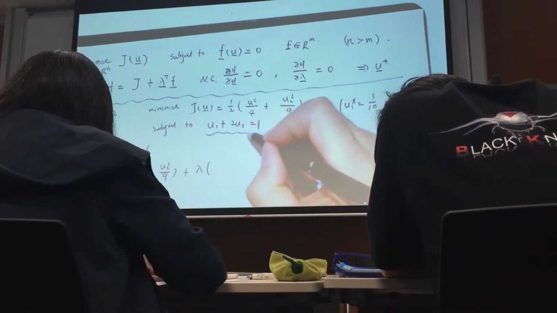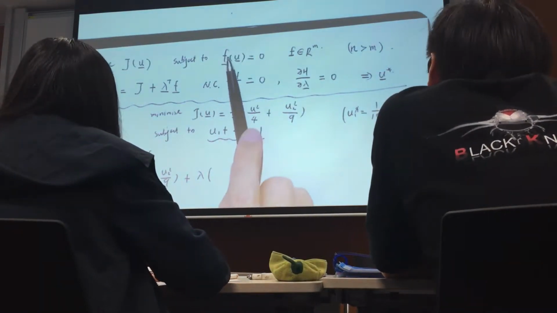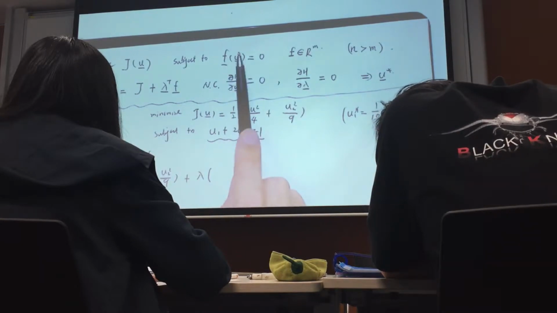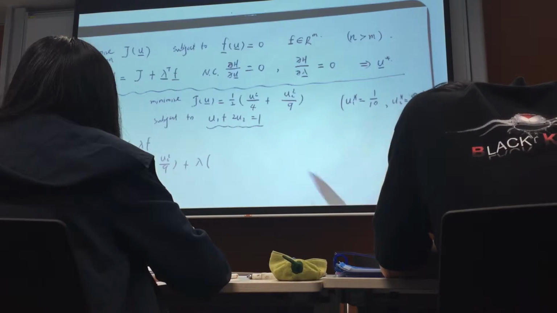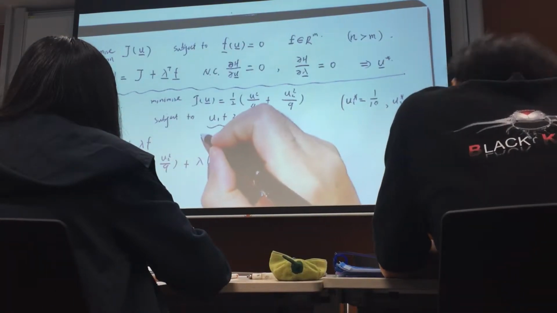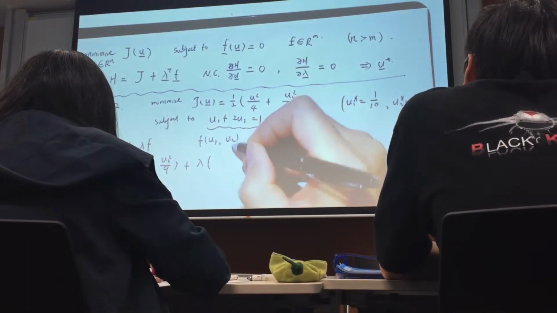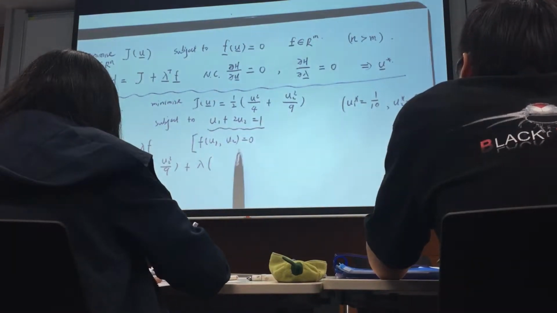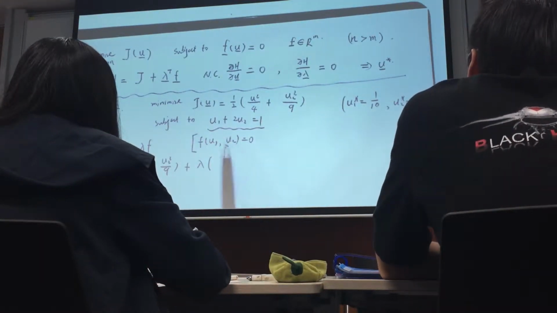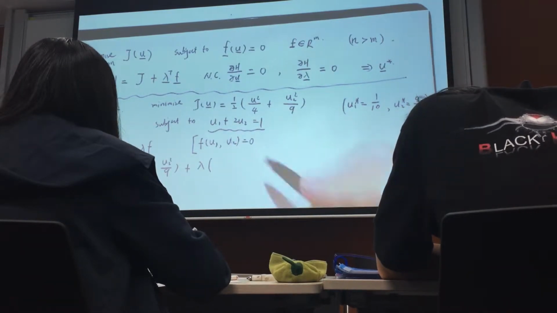Remember, from here you can know our standard format for the f is f(U) equal to 0. So it must be in this form. In this case, f(U1, U2) must be equal to 0. So the constraint must be in this form. You need to properly formulate the original constraint into this form.